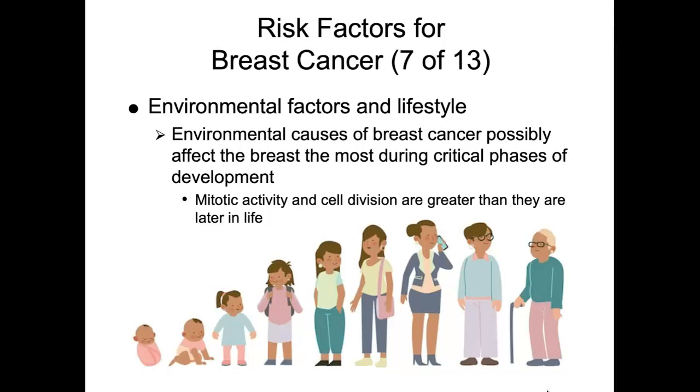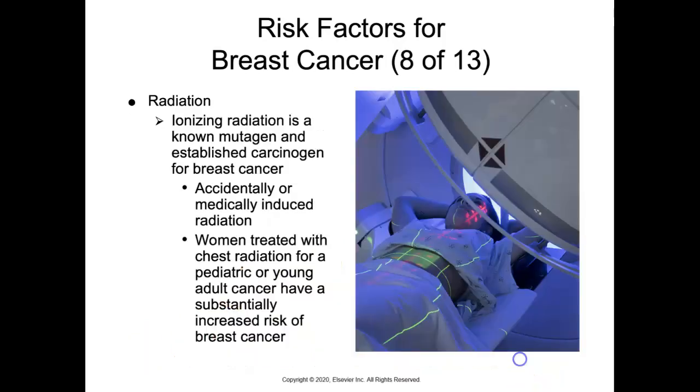Now let's talk about environmental factors and lifestyle. Environmental causes of breast cancer can possibly affect the breast the most during the critical phases of development. So think of the mitotic activity that takes place, the cell division that takes place during puberty or those reproductive years, in which we're going to have those activities be ongoing more than they are later in life.